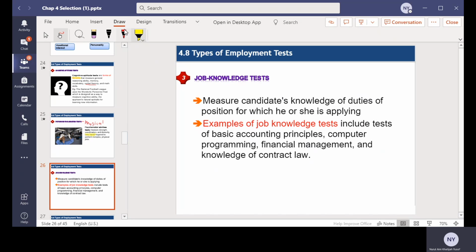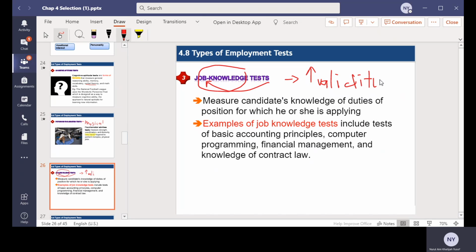If you give a test related to the job, it shows that the test has a high validity. Remember the characteristic just now?